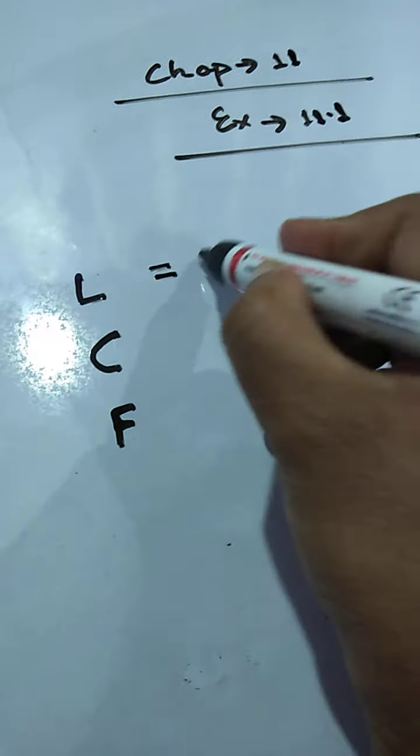So 1, 2, 3, 4, 5, again 1, 2, 3, 4, 5. So the number of rows, that is n, is equal to 3, and the number of cadets in each row is equal to 5.